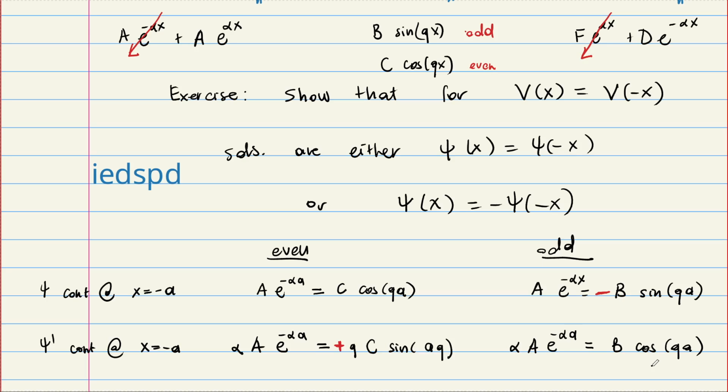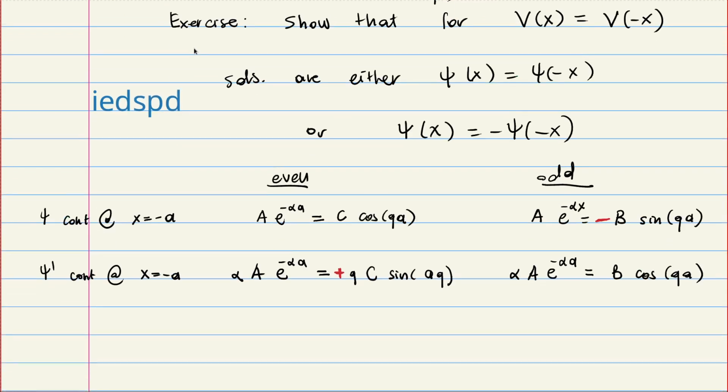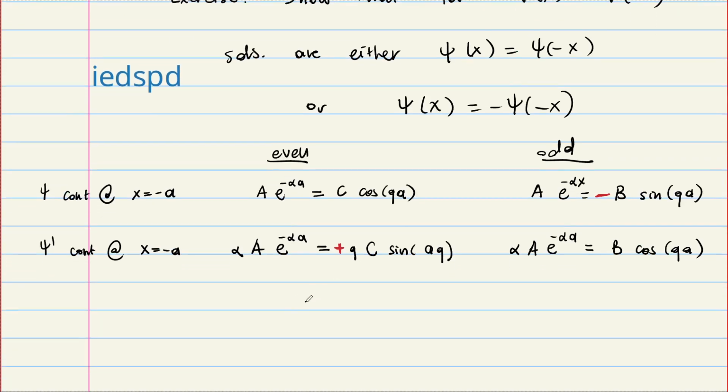Good? And you can see there is one arbitrary condition, a condition on D, and I will write it as A is equal to D for even solutions and A is equal to minus D for odd solutions.